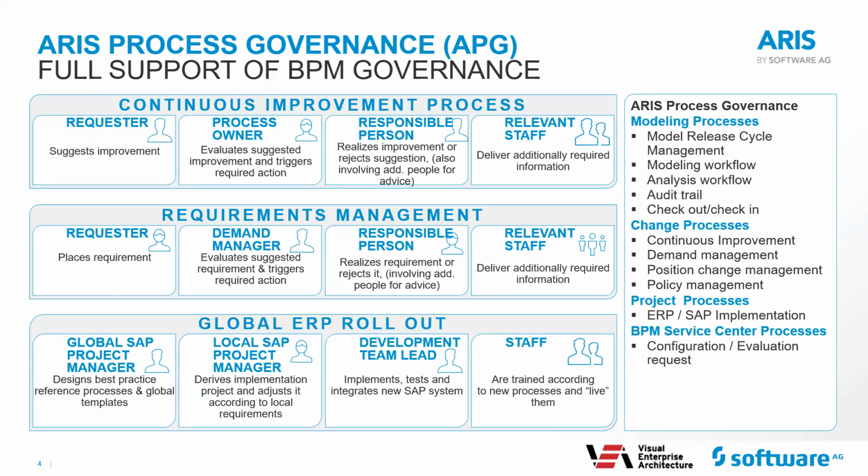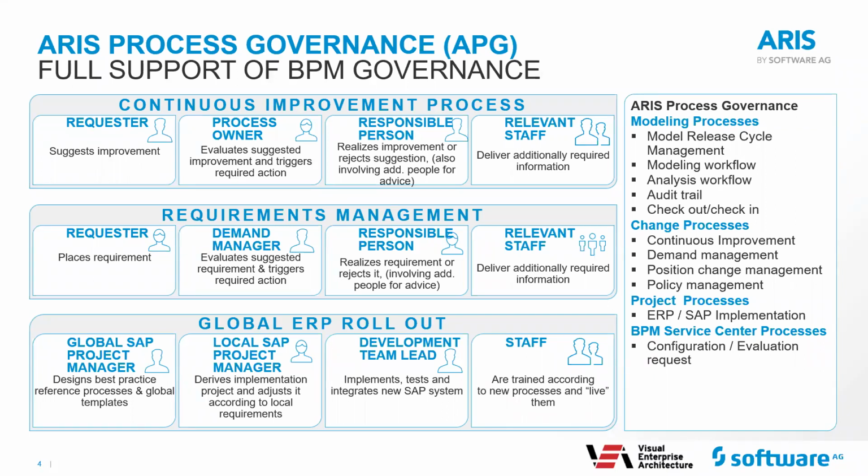We have continuous improvement process. Okay, one thing to note here is it is a process. We have multiple tasks here. So under continuous improvement process, we have the requester, which is a role supporting a process where they suggest an improvement. We have a process owner who evaluates the suggested improvement and then triggers some type of action, whether they're going to move forward with it.